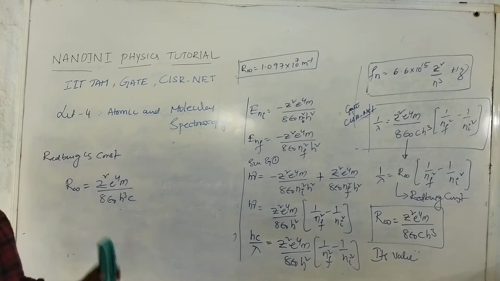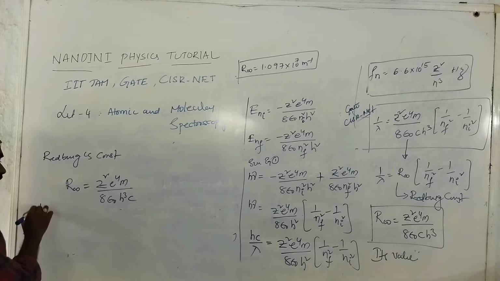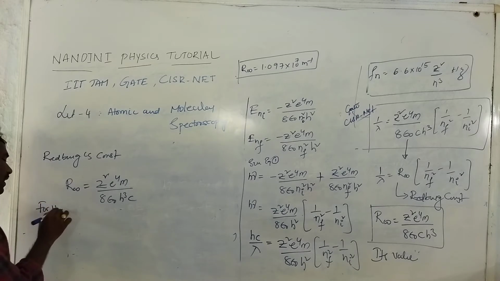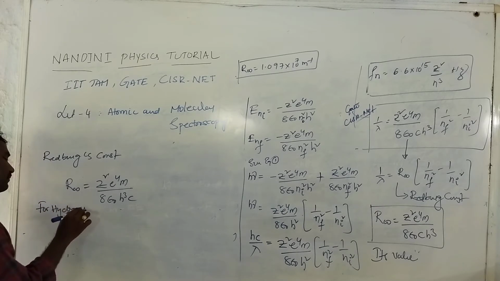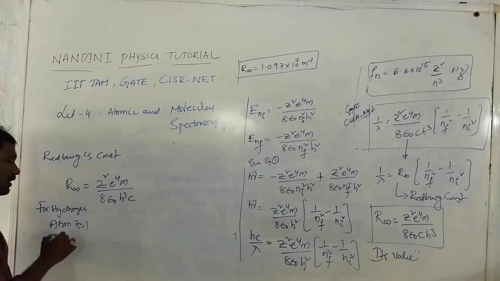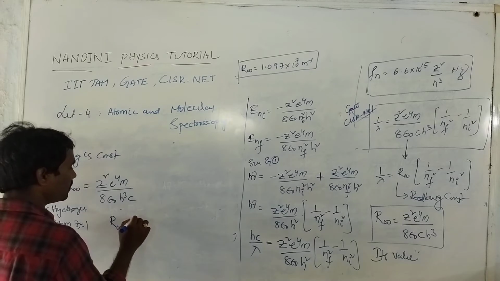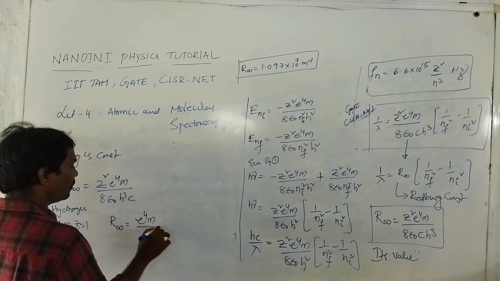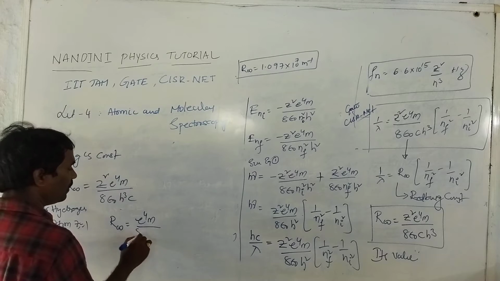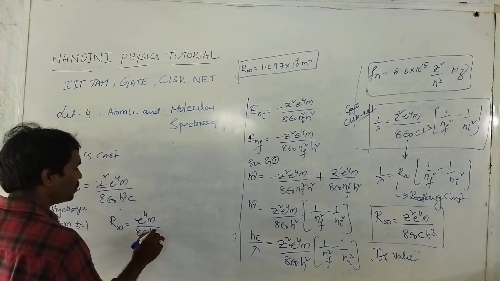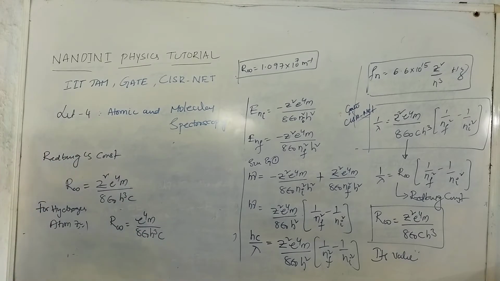For the hydrogen atom, Z is equal to 1, so substituting 1, the Rydberg constant for the hydrogen atom is e power 4 m divided by 8 epsilon naught square h cube c.